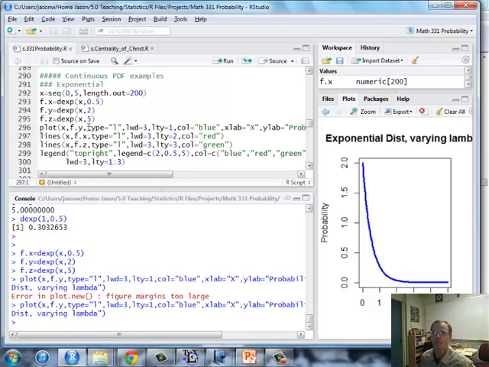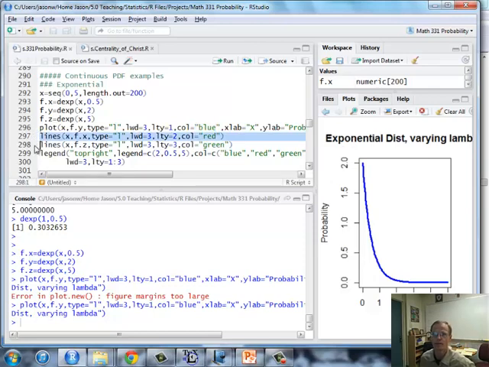So type is, do you want points, do you want lines, what do you want? Width, the default is 1, I'm expanding that to 3. Line type, we'll do some dotteds next. Color blue, label the x-axis, label the y-axis, and then I have the main equals the title there.